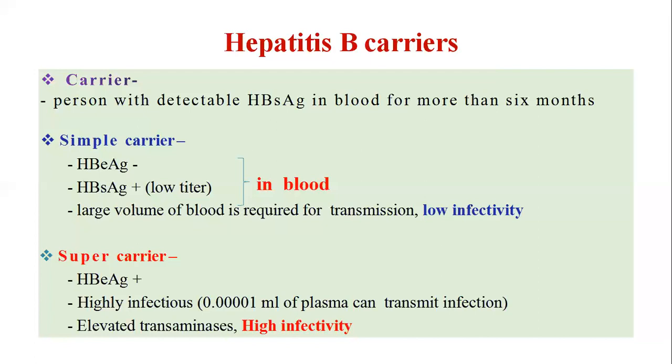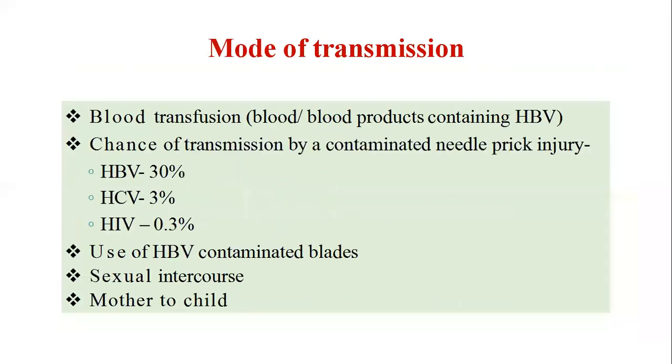And if we go for a serological test of the patient, taking blood from the patient, then definitely we can get elevated transaminases. So here we can notice high infectivity, and these are the super carriers.